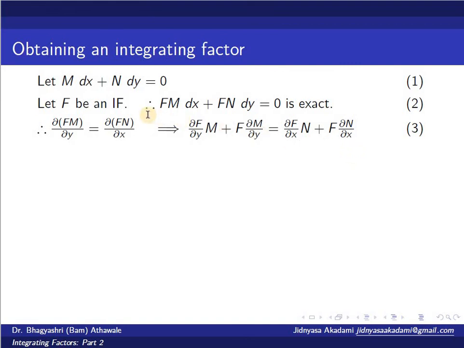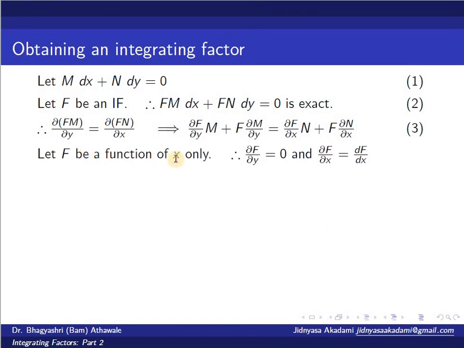So, to make our problem simpler, we put some condition on f, or we put some restriction on f, that f is a function of x only. If f is a function of x only, obviously ∂f/∂y is 0, and this partial derivative ∂f/∂x is nothing but the ordinary derivative of f with respect to x.